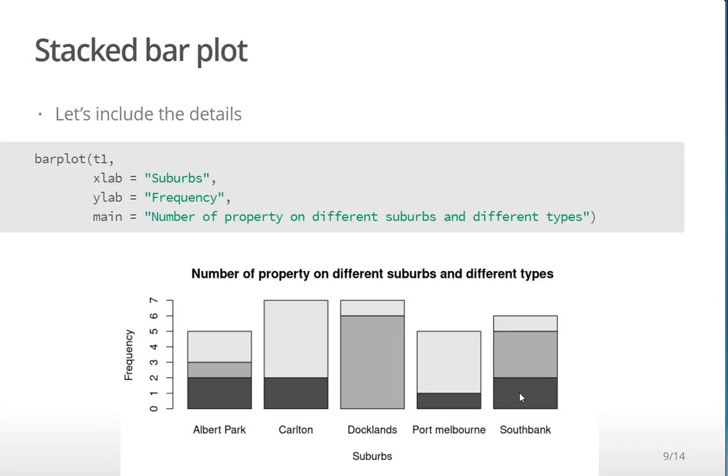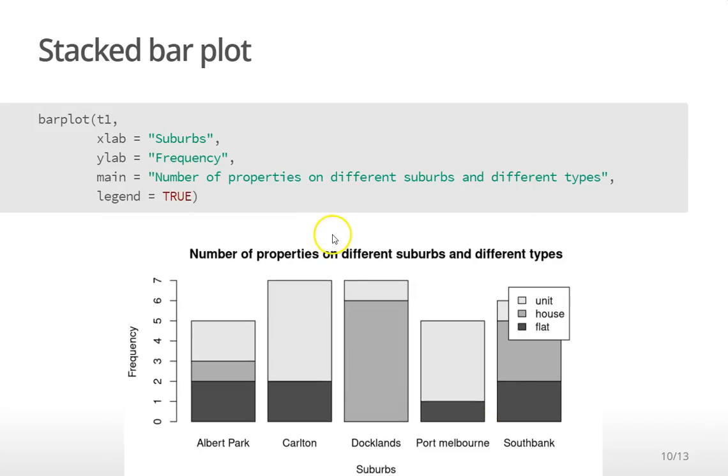What I'm gonna do is I'm gonna use an extra argument to fix this problem. That piece of extra argument is this simple piece. I was missing legends, right? I just need to add this argument, legend equals to true, and these are the legends.